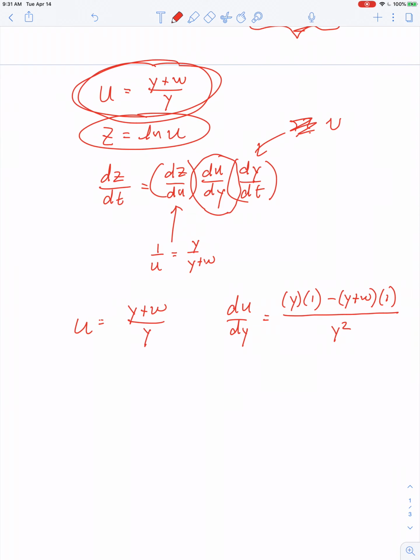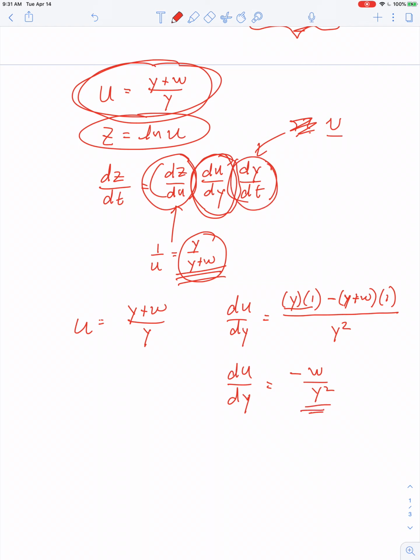Okay, so wait a minute, this is just y minus y plus w, so we get du/dy is equal to negative w over y squared. So we've got to put this all together. We multiply dz/du, which is this expression, times du/dy, which is this expression, times dy/dt, which is v.